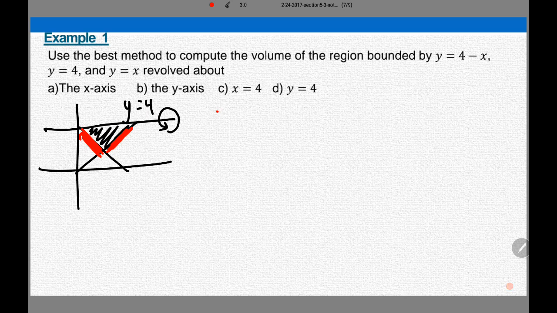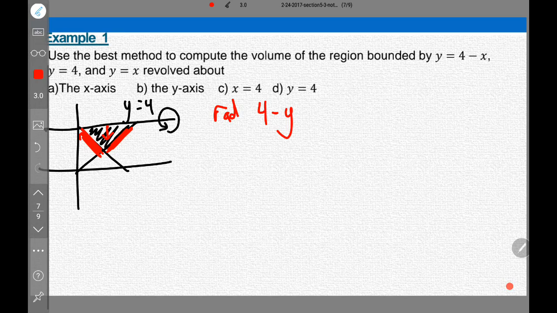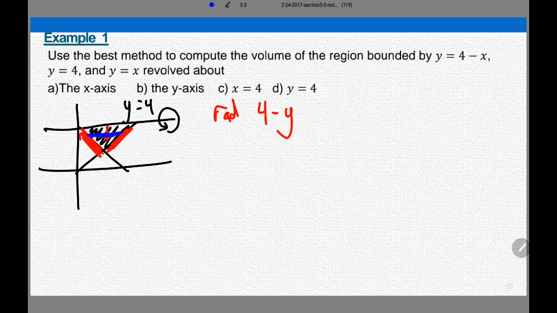Since I've got this 4, my radius is going to be 4 minus y. So there's my radius. My height is a nice function this way of x, or of y, between those two pieces. So my height is going to be my right side minus my left side.